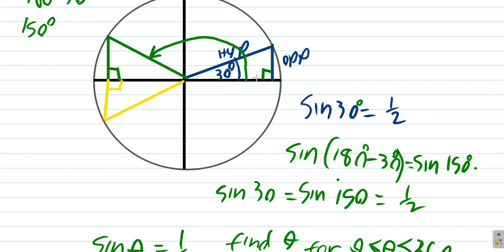So to find that angle, we have to go all the way around and stop here. What would that angle be? Well, you pass 180. So the angle is 180 plus 30 more, which is 210 degrees.